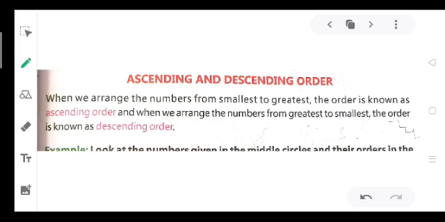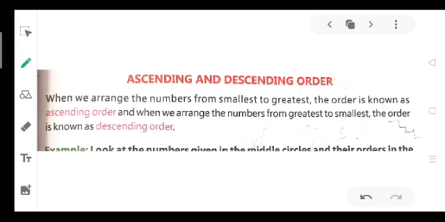So first of all we should know what is the meaning of ascending order. Ascending order means when we arrange the numbers from smallest to greatest, means firstly we will write the smallest number, then greater than that, and then greater than that, and at the end we write the greatest number. This order is called ascending order.